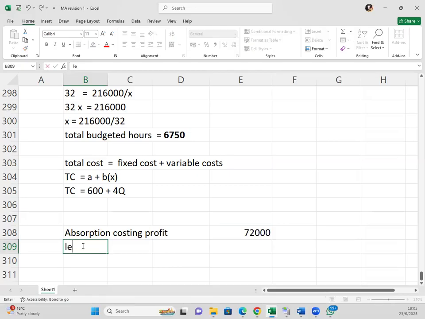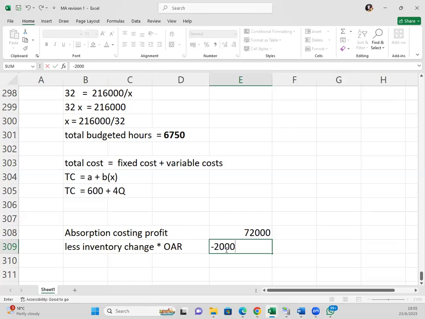So to get to marginal costing, we then less the inventory change times OAR. The inventory was 10,000, it changed by 2,000, and the OAR is given as 5.